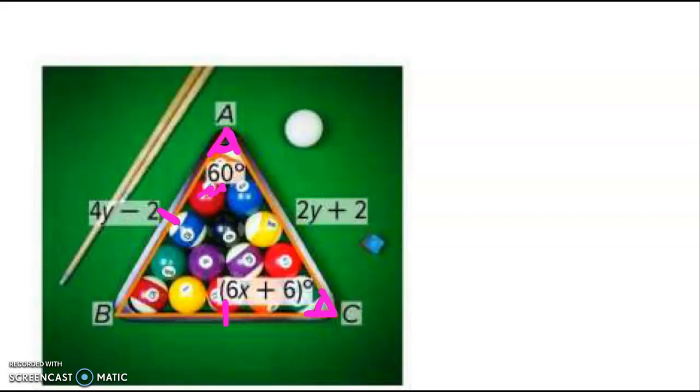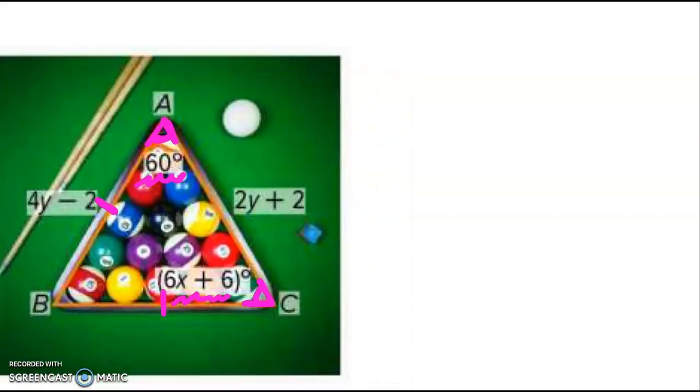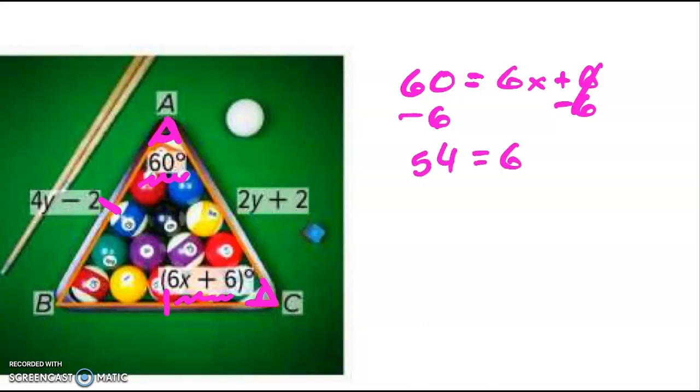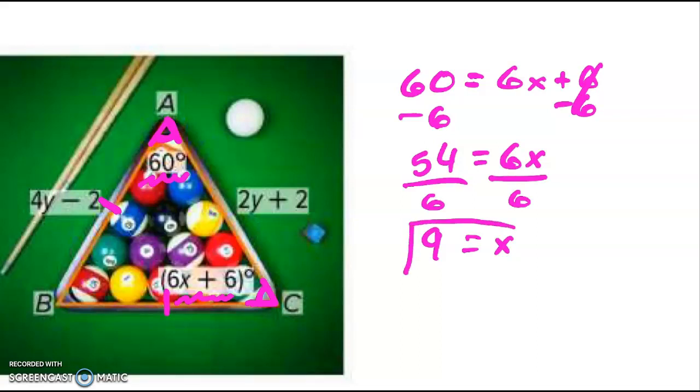So the measure of 60 has to be the same as that 6x plus 6. So for x, I'm going to be able to solve it this way. Just a couple steps, a simple algebraic equation for you to solve, and you will find your x of 9.